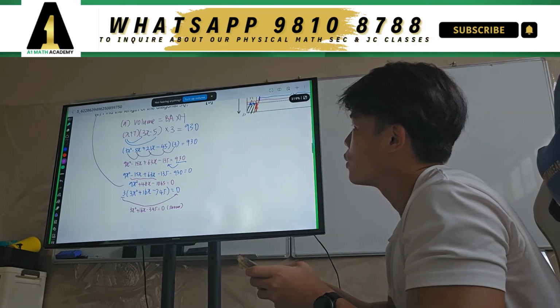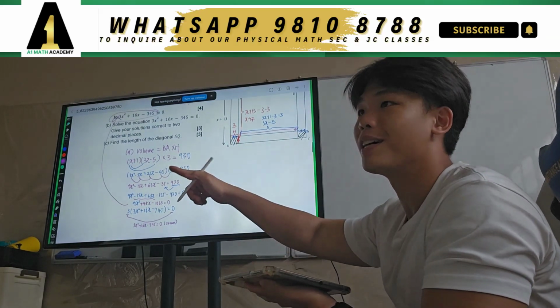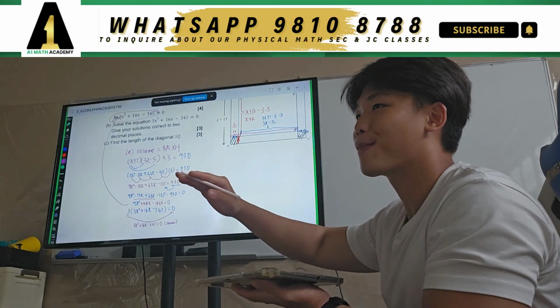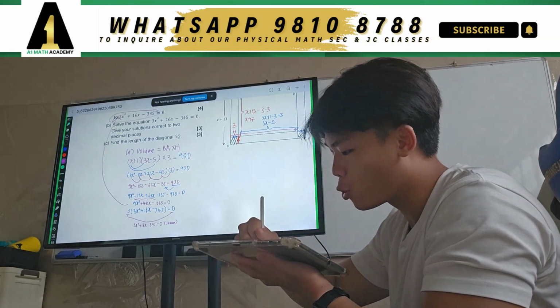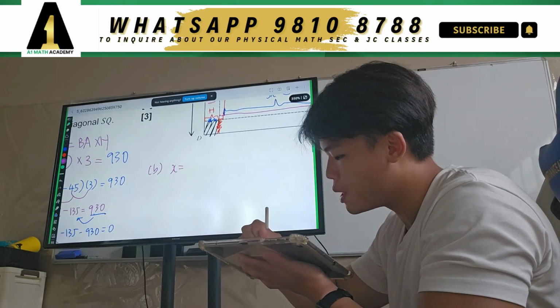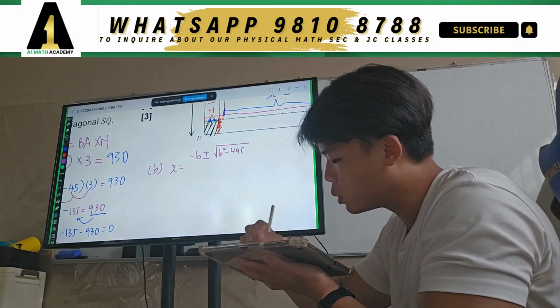So next part is asking us to solve. Okay, this one, solve, you just press the calculator. But you must show your working for this. How you show your working is the quadratic formula. Remember? X equals to negative b plus minus square root b squared minus 4ac over 2a, right?